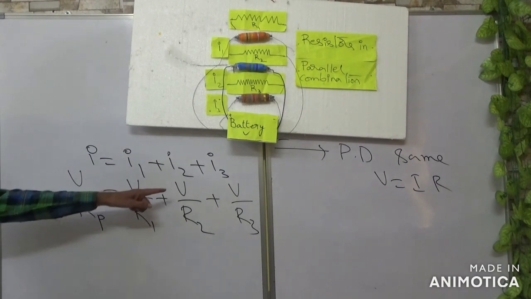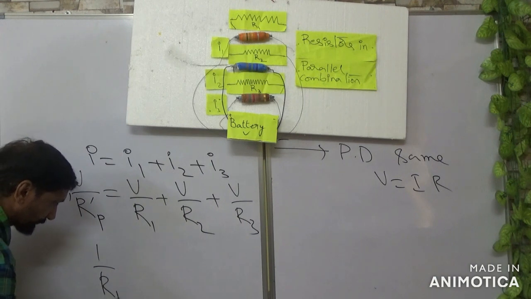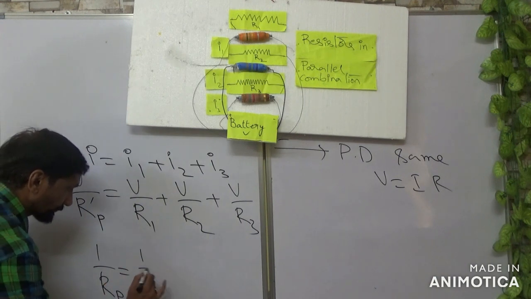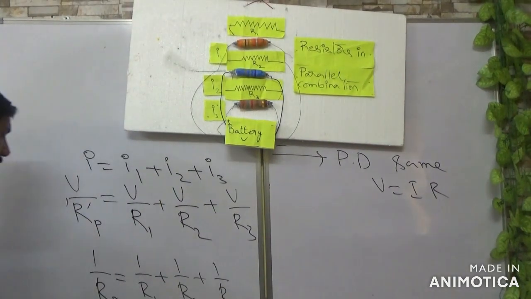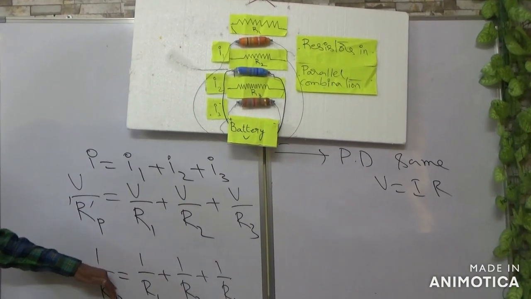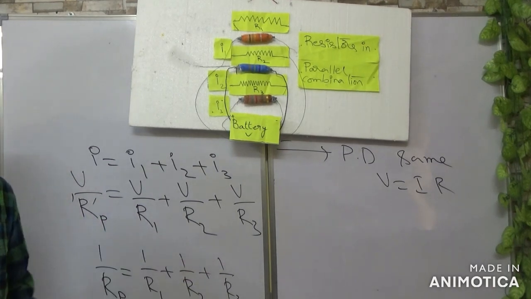V is common, so you can cancel. So you know 1 by Rp is equal to 1 by R1 plus 1 by R2 plus 1 by R3.